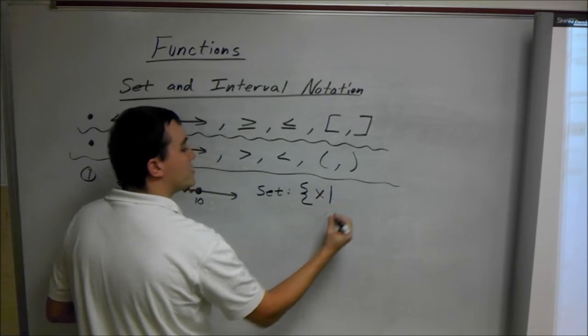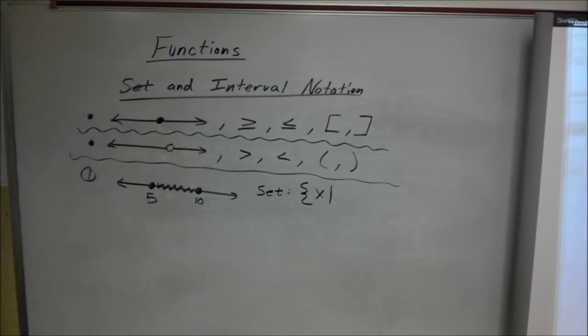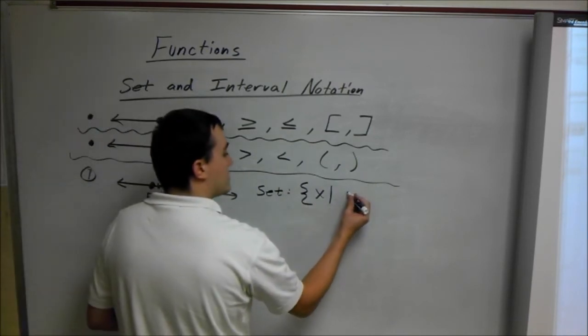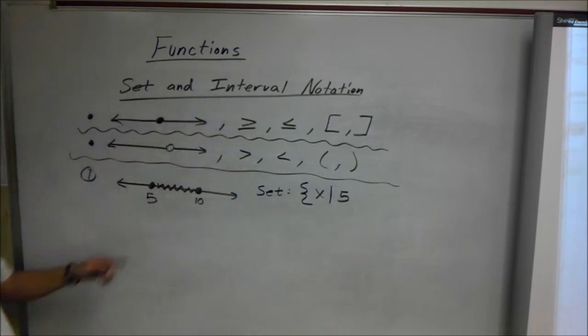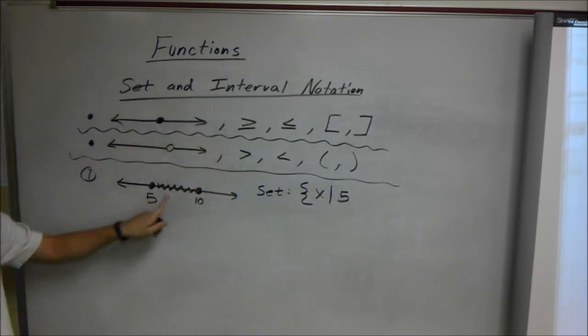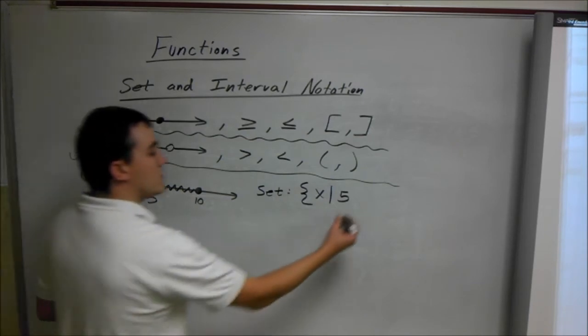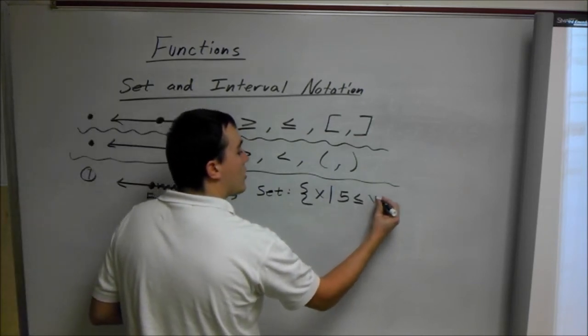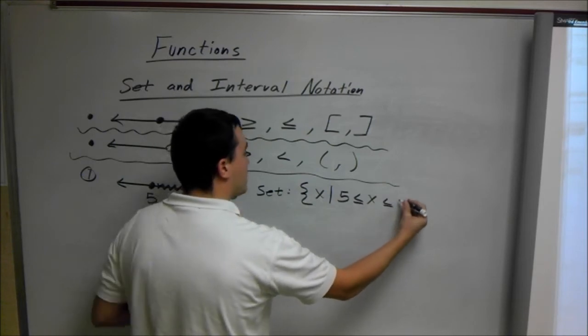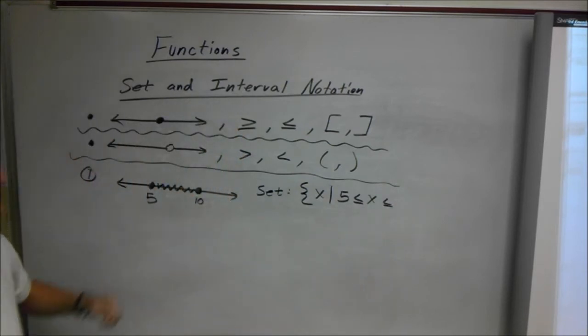And this is how you write it. It's just the way the notation works. It's from 5. And in set notation, we use inequalities. And since it's a solid circle, we're using less than or equal to and greater than or equal to. So 5 is less than or equal to all our x values, which is less than or equal to the highest value, which is 10.